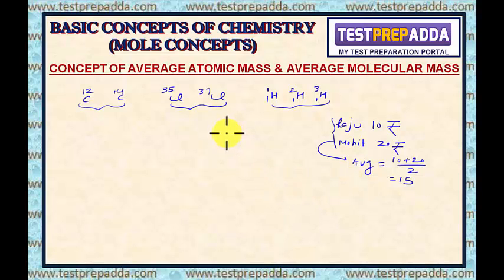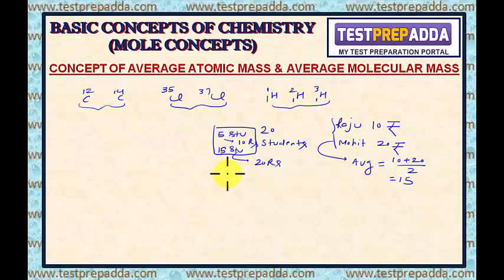Now another example, again a mathematical example. If I say in a classroom, let us say 20 students are there, and out of 20 students, 5 students have got, let us say, 10 rupees each, and 15 students have got, let us say, 20 rupees each.